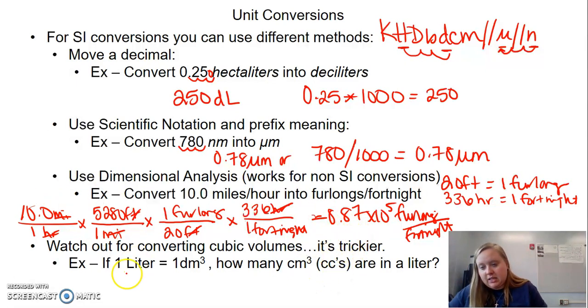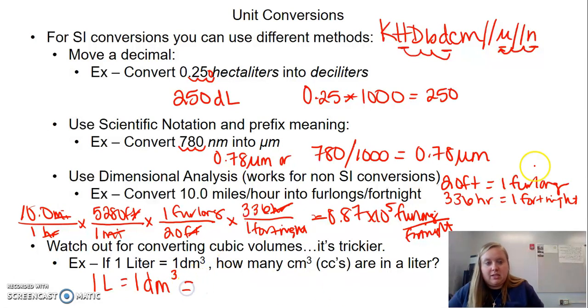And the last thing in here that we're going to look at is making sure that you're keeping track of cubic volumes. It's a little bit trickier. And so if you know that 1 liter is 1 cubic decimeter, if I'm trying to figure out how many cubic centimeters are in a liter, well, 1 liter is equal to 1 cubic decimeter.